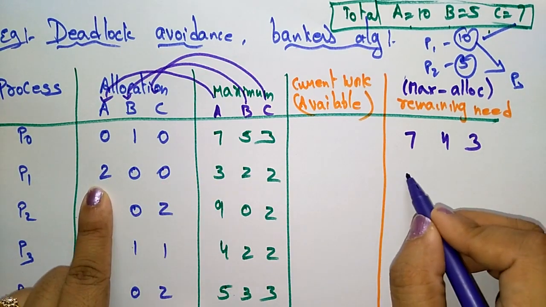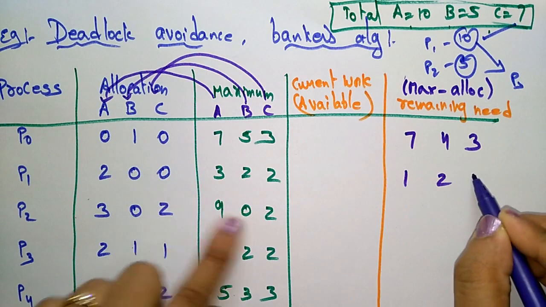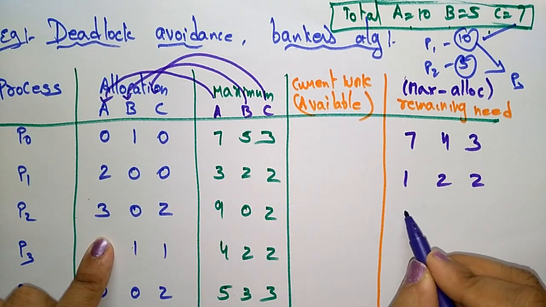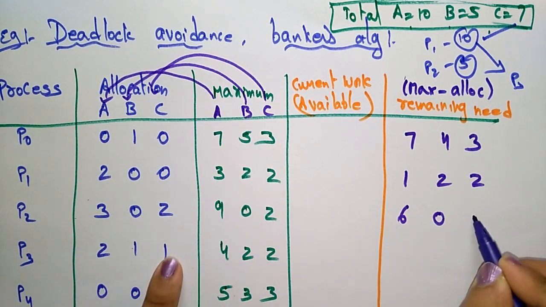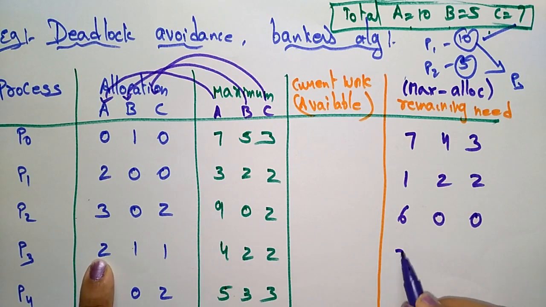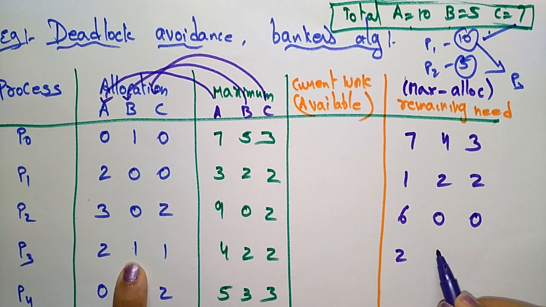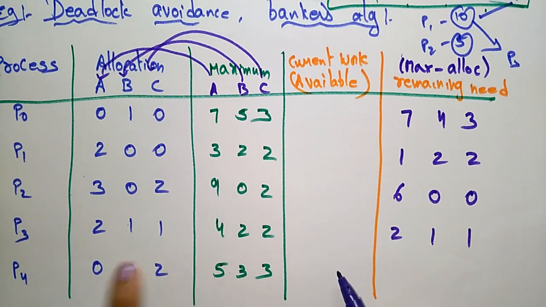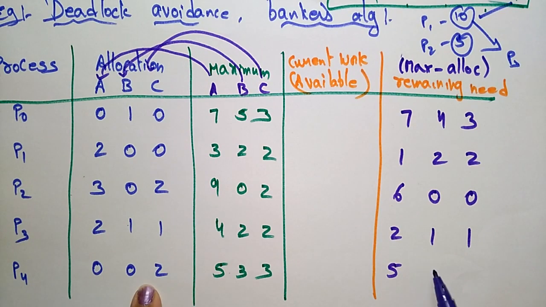Now 3 minus 2, 1. 2 minus 0, 2. 2. 9 minus 3, 6. 0. 2 minus 2, 0. 4 minus 2, 2. 2 minus 1, 1. 2 minus 1, 1. 5 minus 0, 5. 3 minus 0, 3. And 3 minus 2, 1. So this is the remaining need we get.